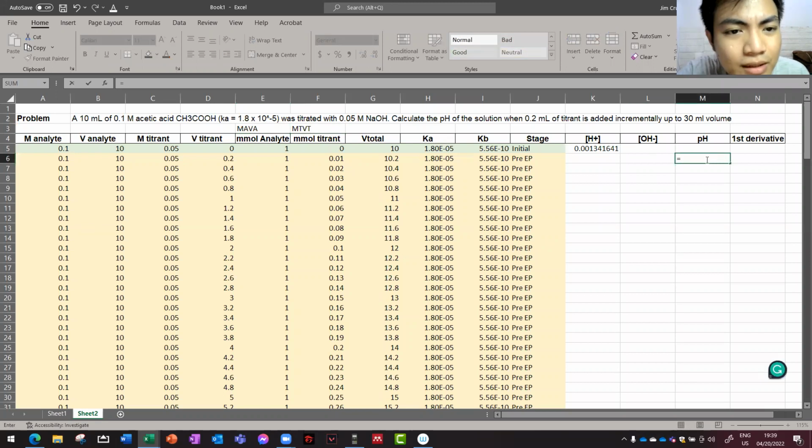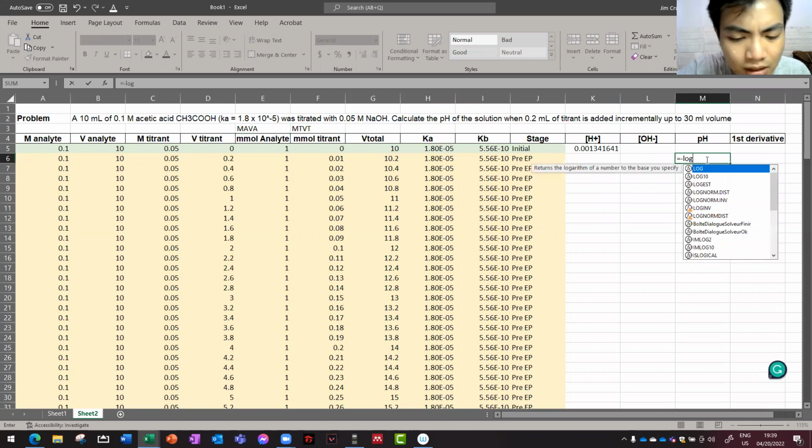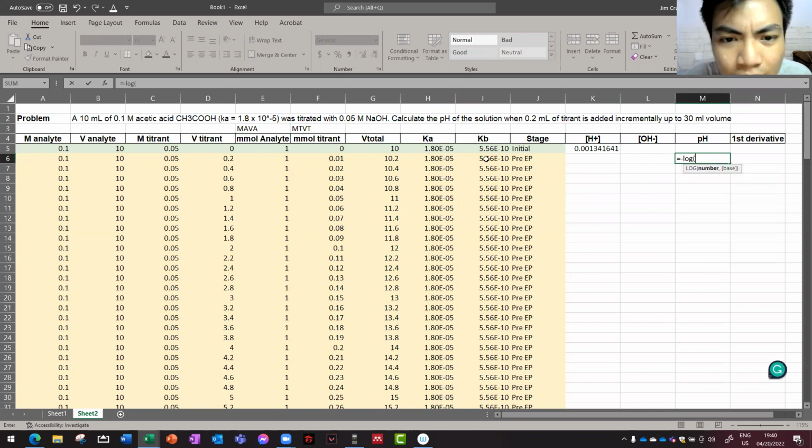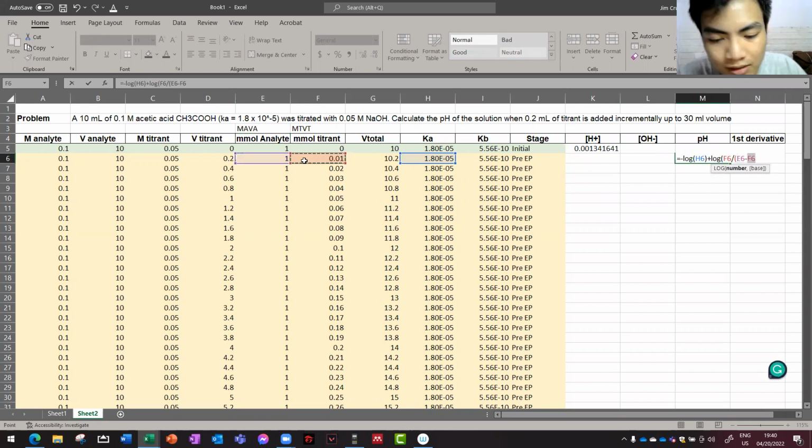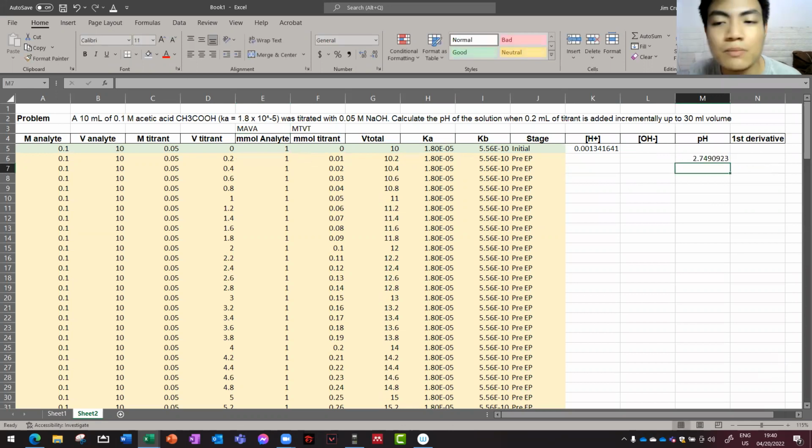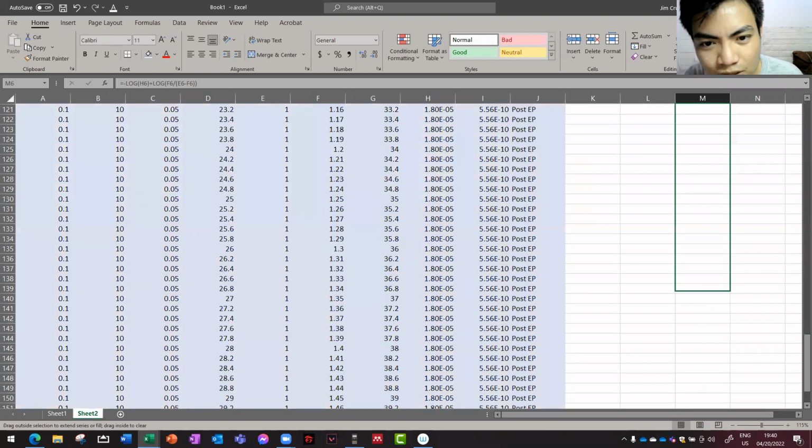Let me compute again: negative log of the Ka plus logarithm of MTVT divided by MAVA minus MTVT, close parenthesis. So that's the pH, we got the pH directly. I just drag it until the end of the pre-equivalence point.